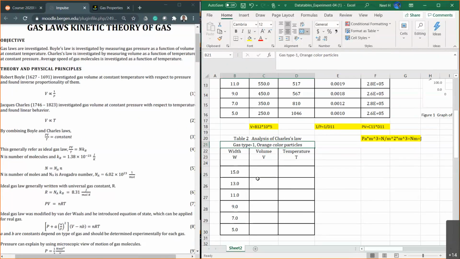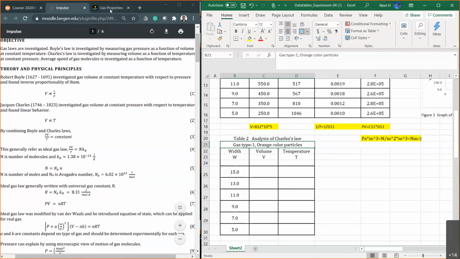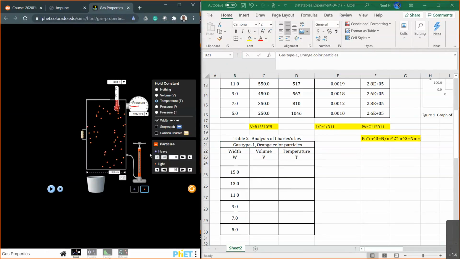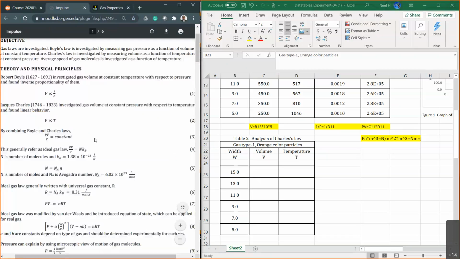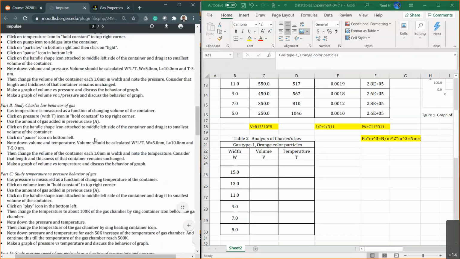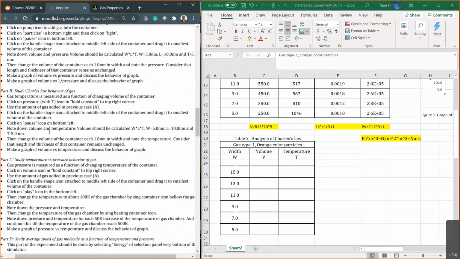Which means I have to tell this program to make the pressure constant, right? We are now on part B, okay? Question?